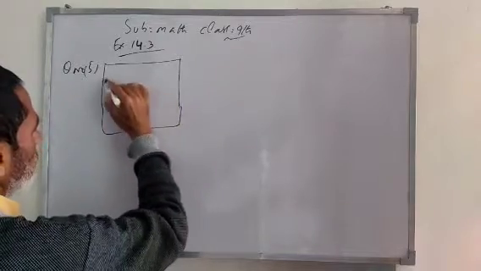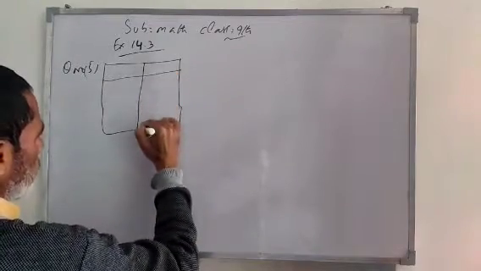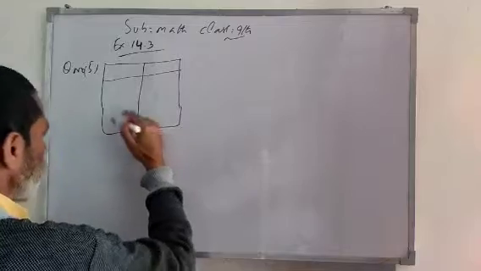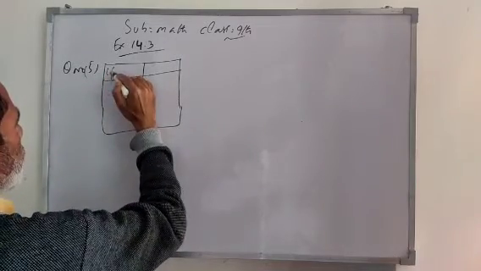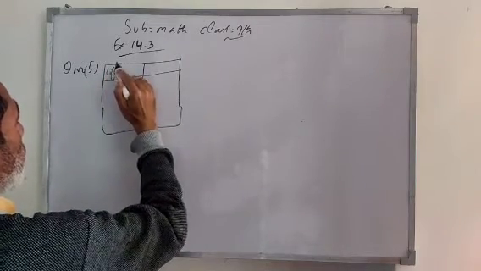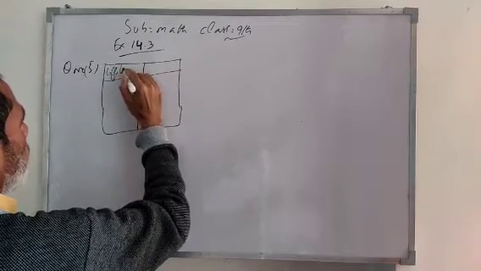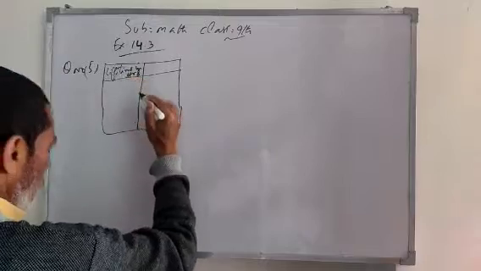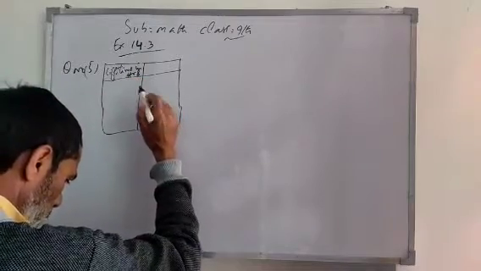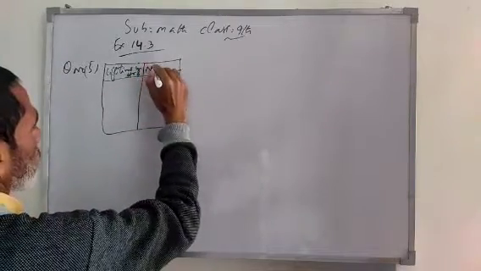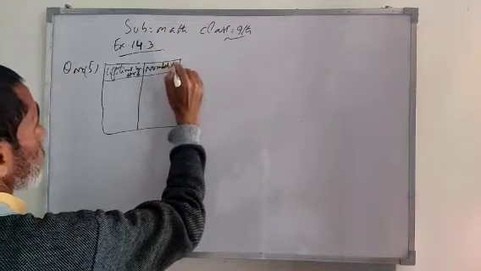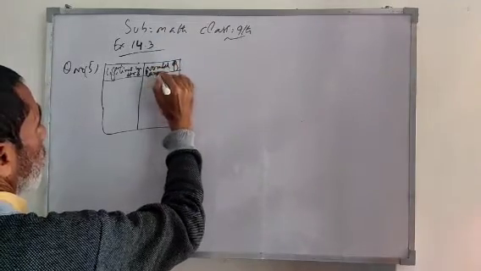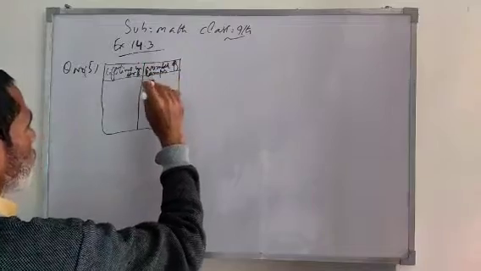In this table, there are two columns. First column shows lifetime in hours, and second, number of lamps. There are neon lamps.